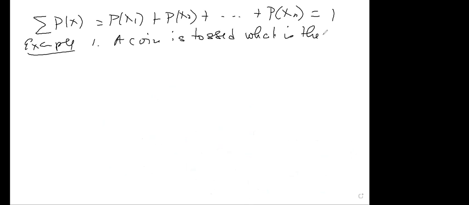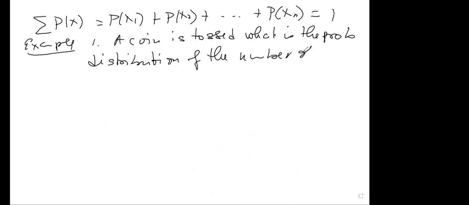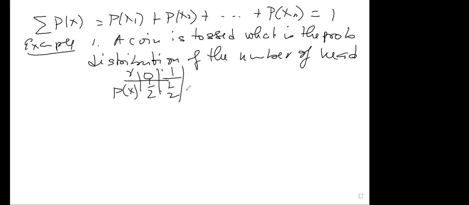What is the probability distribution of the number of heads? So we are going to have 0, 1, and P of x: 1 over 2, 1 over 2. That's the probability distribution.